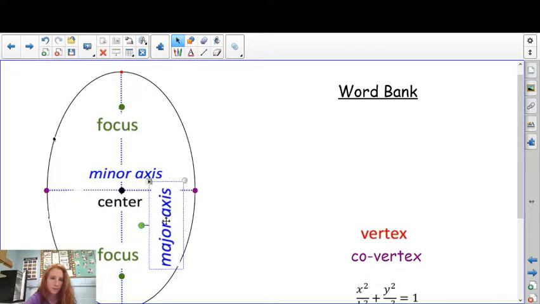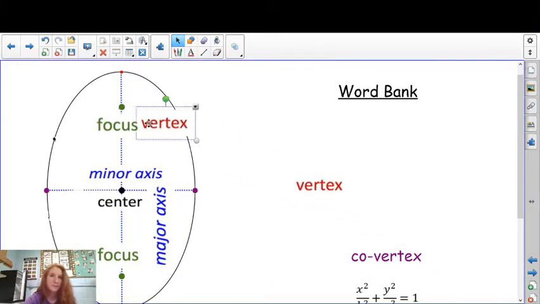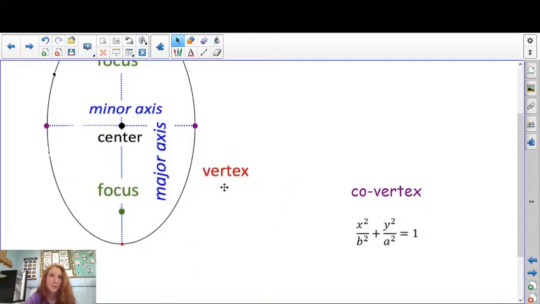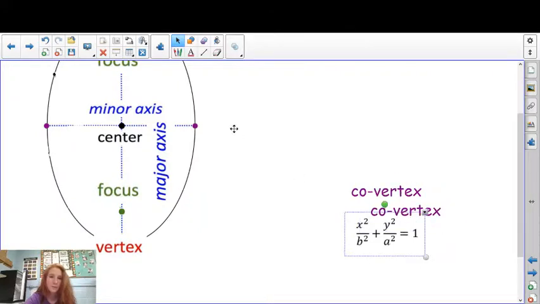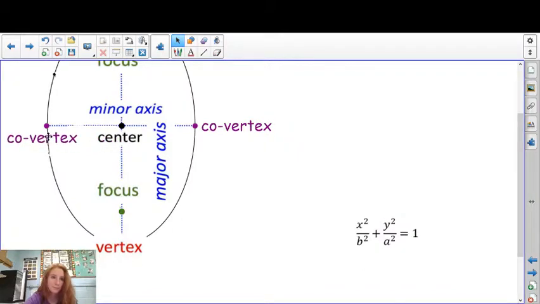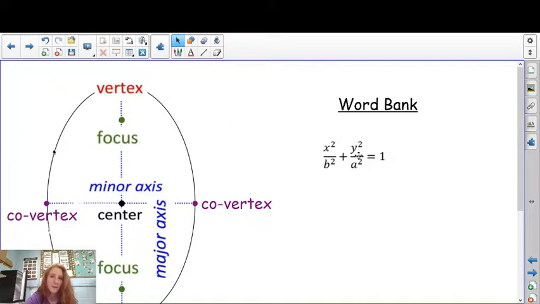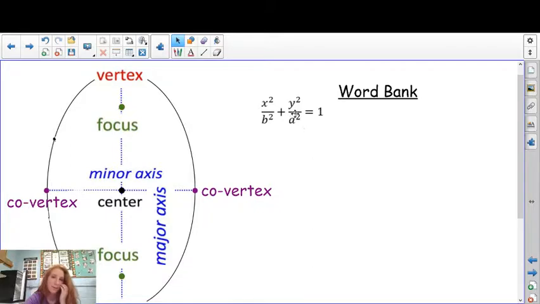My vertices, one will be up top here and one will be down here. My covertices will be on left and right this time. And then the equation is that I have my A underneath my Y.